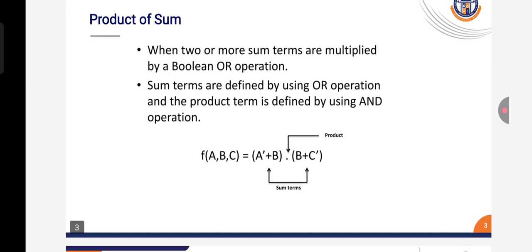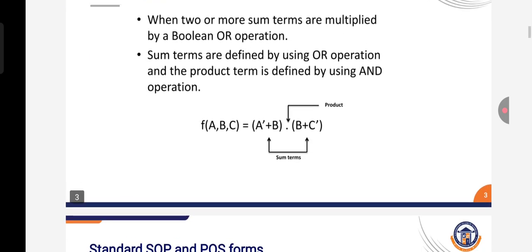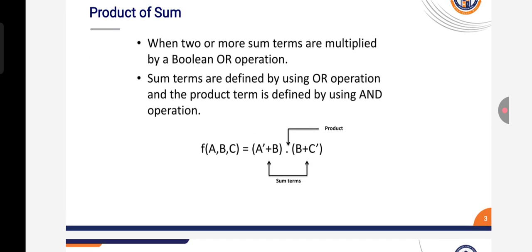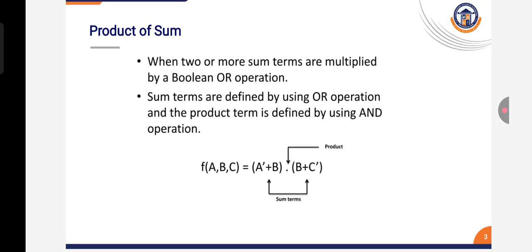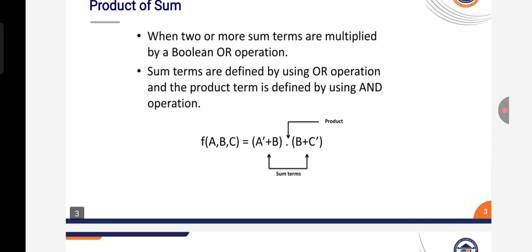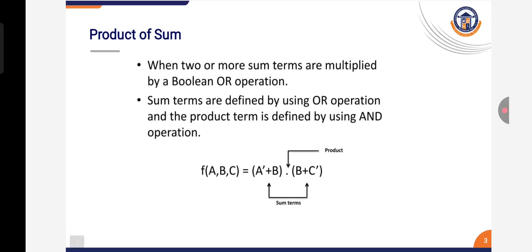Next, the product of sums. Any group of sum terms ANDed together is called a product of sums. The sum terms are defined using the OR operation, and the product term is defined using the AND operation. Now consider the three variable Boolean function f(a, b, c) = (a' + b)(b + c').